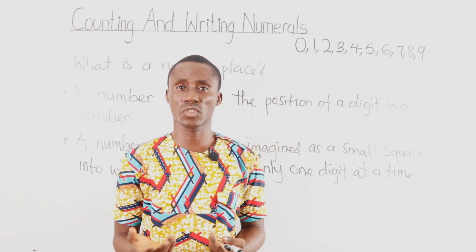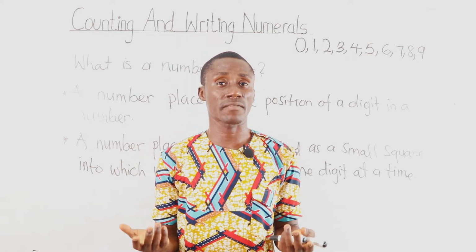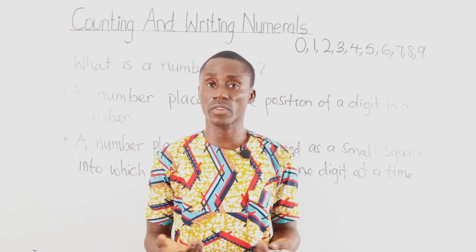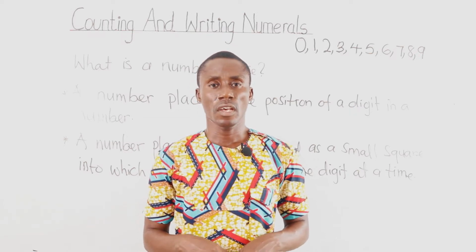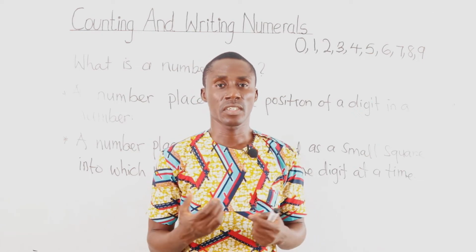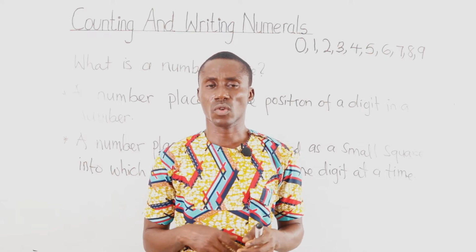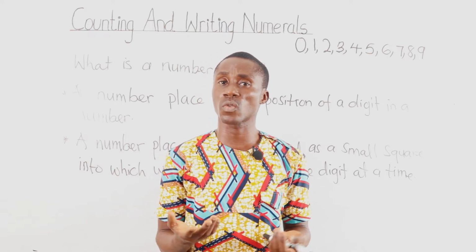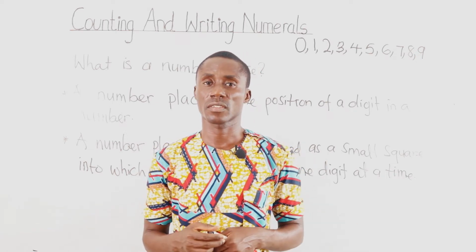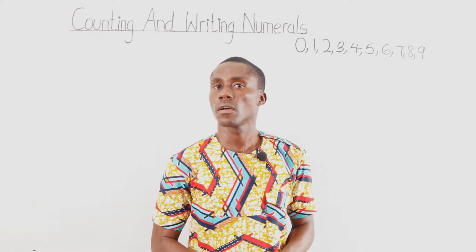Now, for us to do this, let's imagine we have harvested some oranges from an orange farm. And we want to know how many oranges that we have harvested. So how are we going to know how many oranges we have harvested? We are going to use counting.